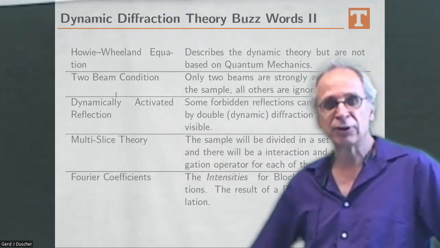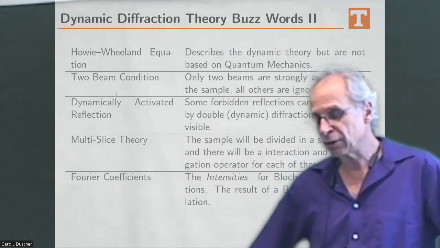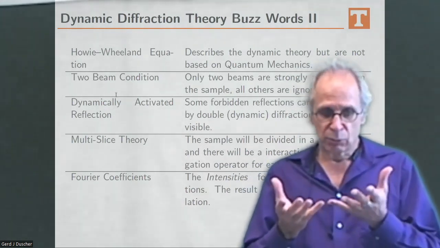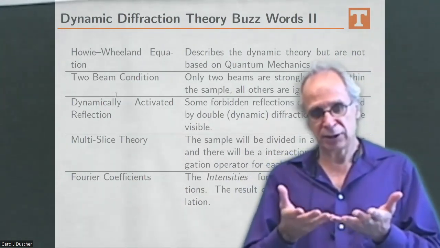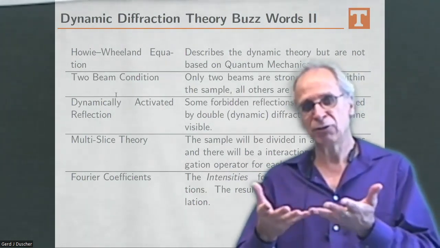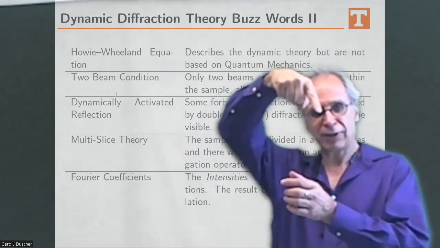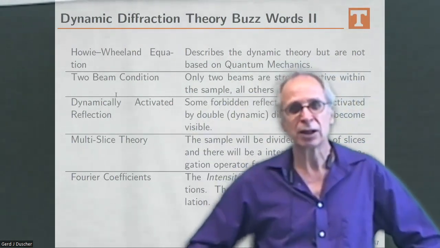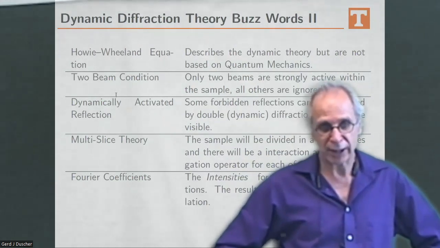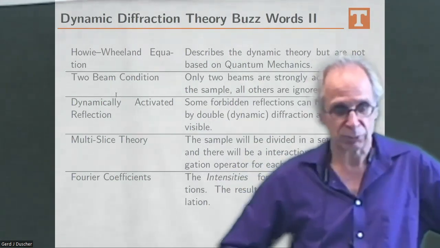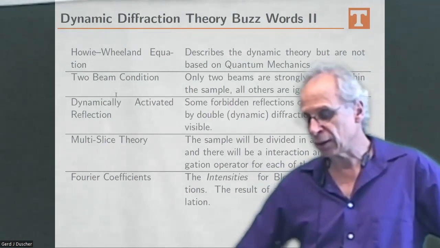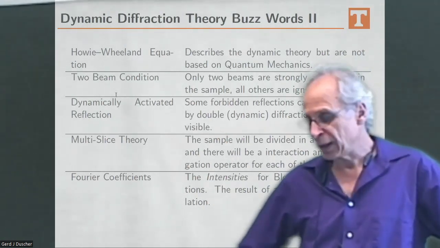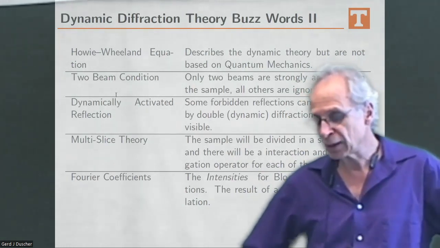So then we have dynamically activated reflections. If a Bragg peak is kinematically forbidden, you can scatter from one peak to the other, and you go back into this forbidden reflection by double, triple, quadruple, whatever, multiple reflections, and you're in a dynamically activated reflection.